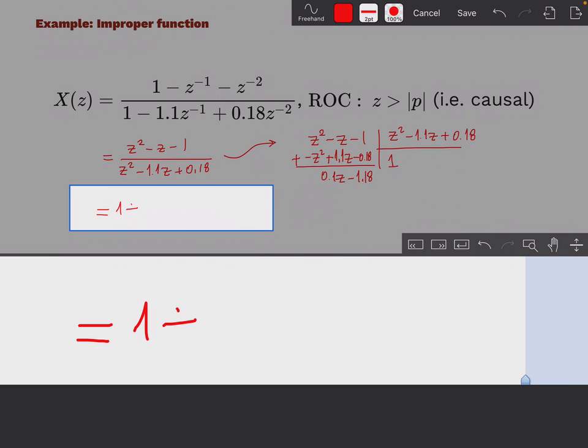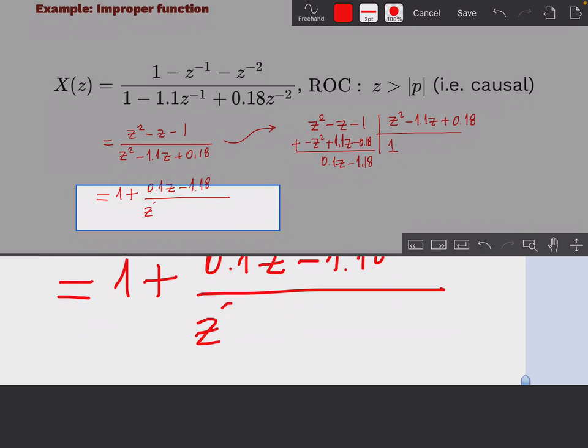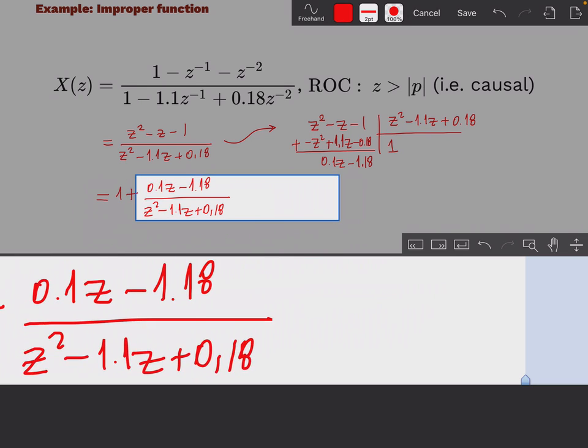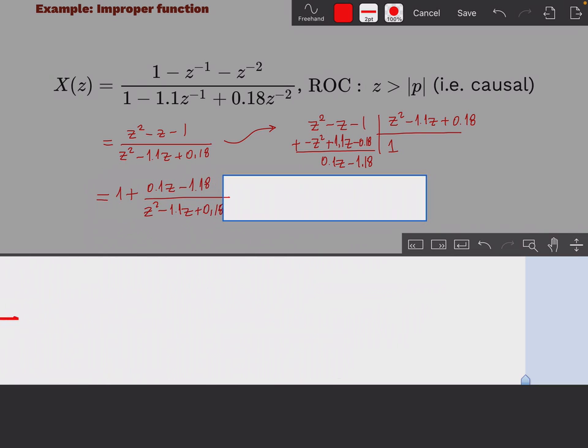Then we can write this expression x of z in this form: 1 plus 0.1z minus 1.18 over z squared minus 1.1 z plus 0.18. Then following this, we can express the second part, which is a proper function, in terms of simpler form.